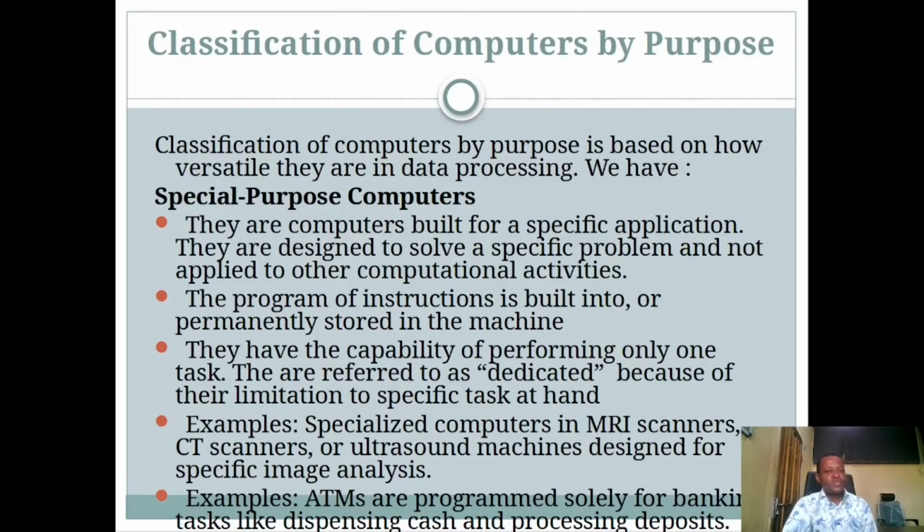So ATM machines are special purpose computers. You cannot go to an ATM and, because it has a keyboard, say you want to type your Word document and print it out. You will not be able to do that, because ATMs were not designed for those kinds of activity.